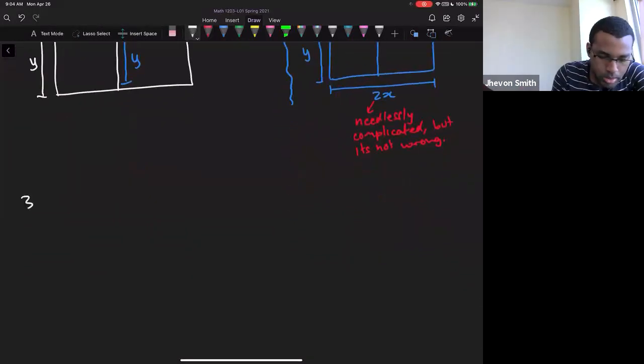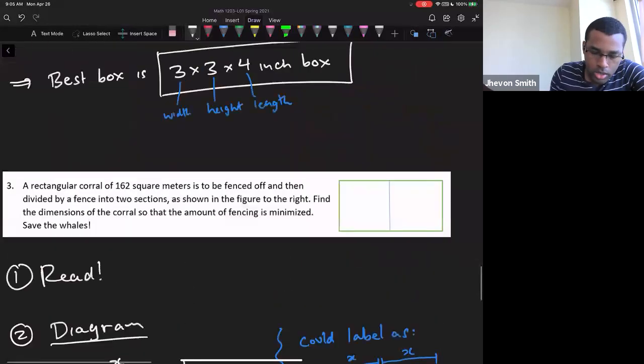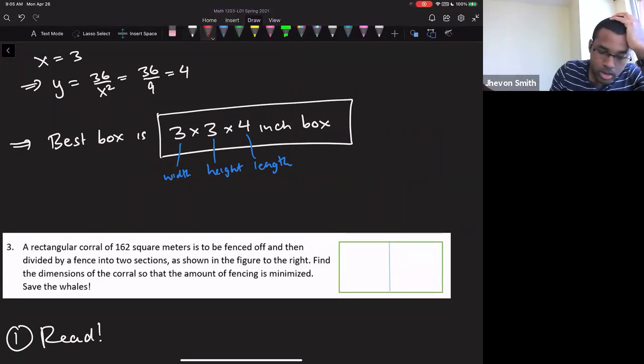So now step 3, I'm going to find the constraint and objective. Remember, the constraint is what we have a restriction on. If you read this, it says 162 square meters. So that is area.